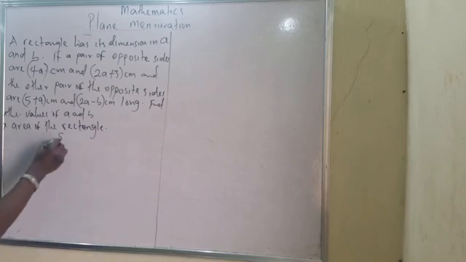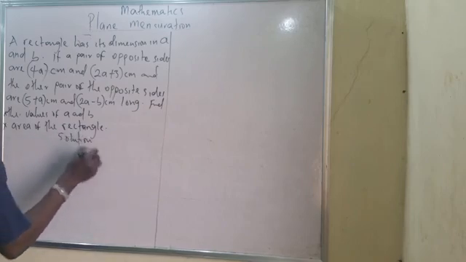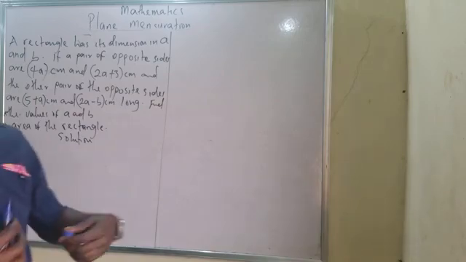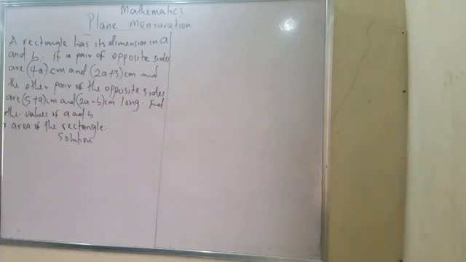Now, solution to this question. It's very simple to solve this type of problem. What you have here will surely lead you to a simultaneous equation. That is very important. Now, you have the rectangle this way.